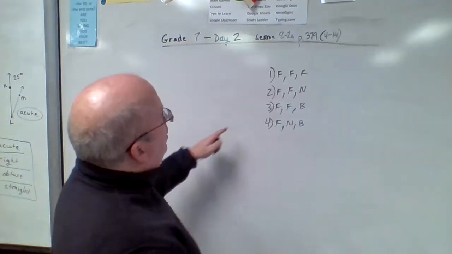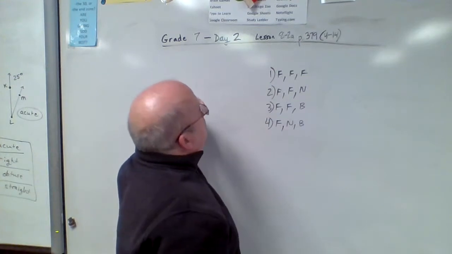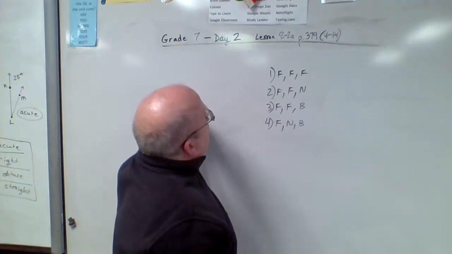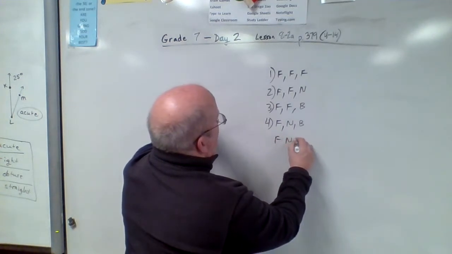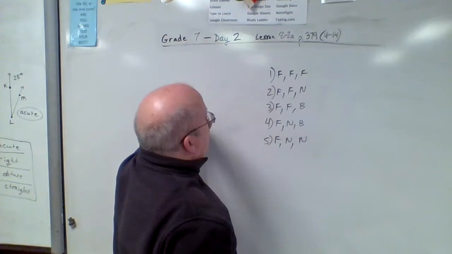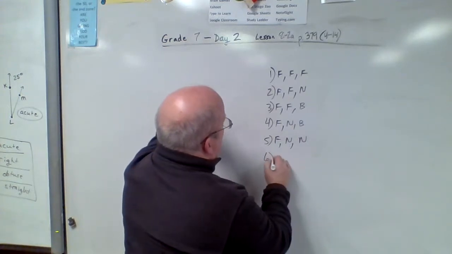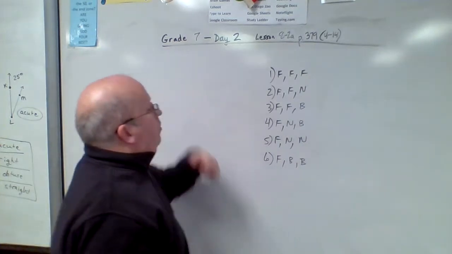Is there any other way we could do this with at least one fiction? Wait a minute, what if I had fiction, nonfiction, and nonfiction? That'd be a 5th way, wouldn't it? What about fiction, biography? That'd be another way.